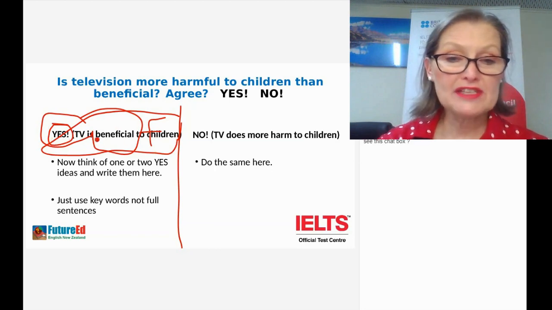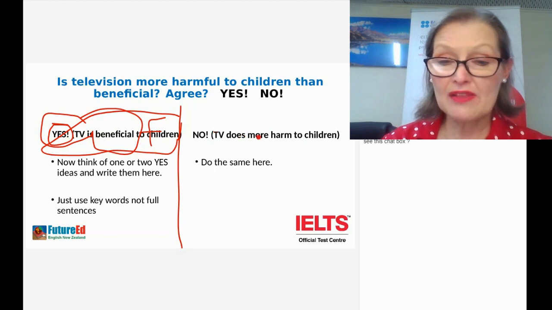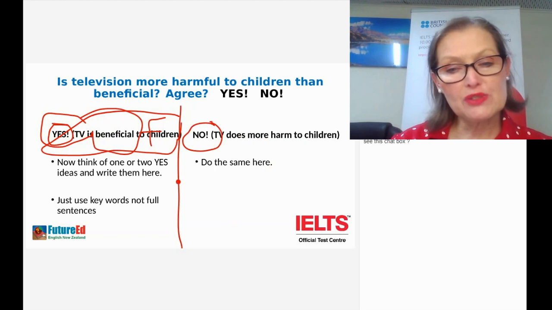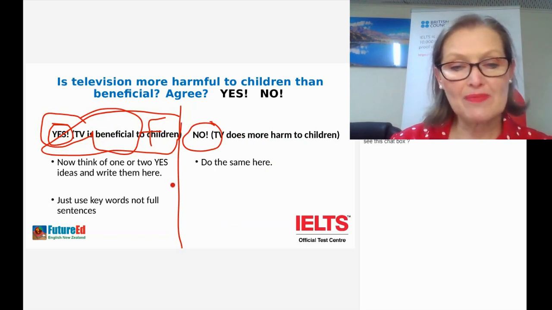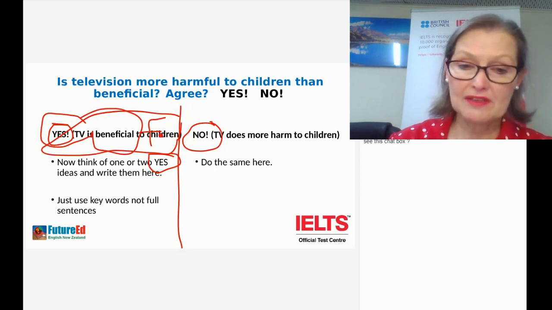So we're going to have yes, TV is beneficial on the one side, and then we're going to have all our ideas for no, I think television does more harm, on the other side. So what I want you to do, I'm going to give you a few minutes, is think of 1 or 2 yes, I agree ideas, and write them on this side.